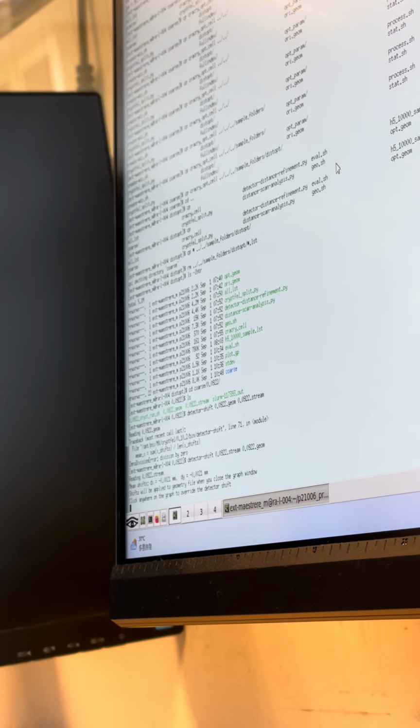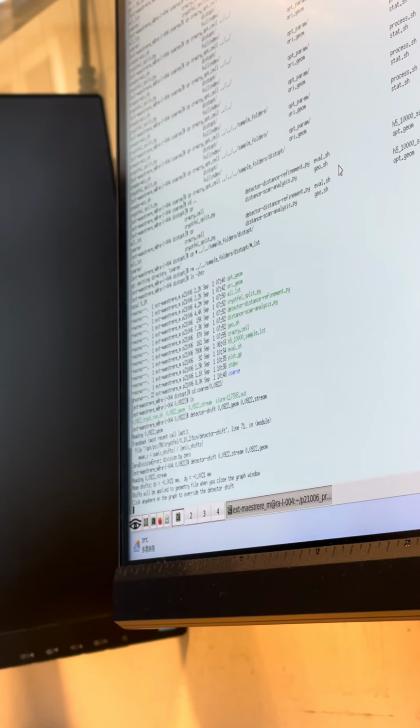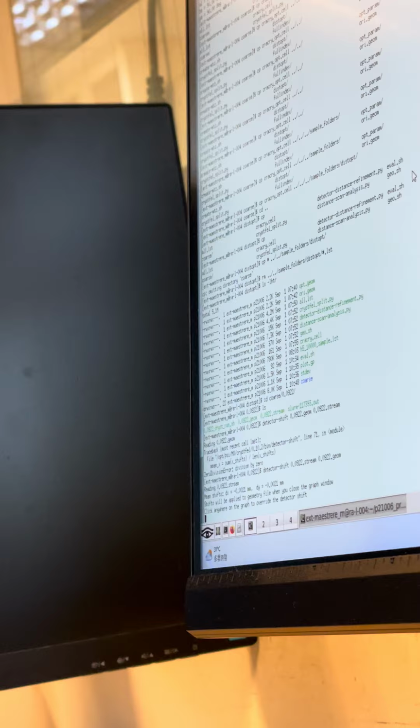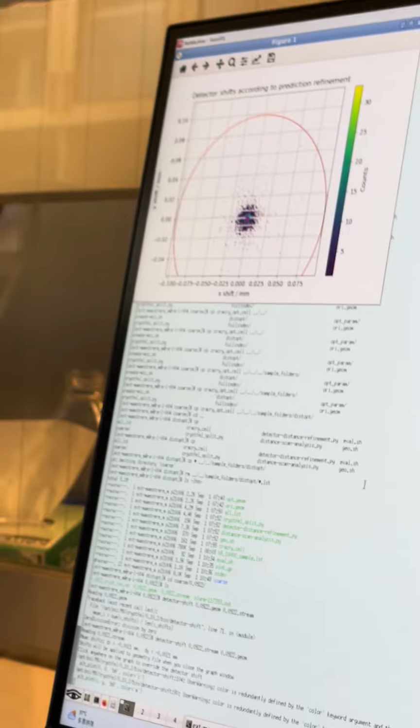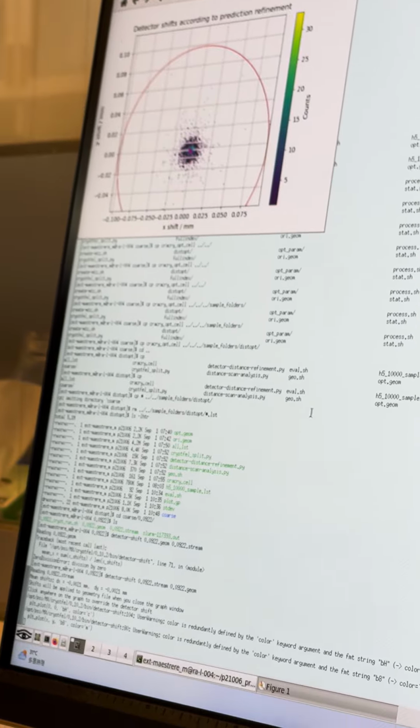Yes. What this is going to do is, at some point it will open it, it will check how much of a shift the detector has. What does this mean? Well, we'll take a look in a moment. It should have almost no shift. Yeah, it has almost no shift. It had already a very, very good detector, so we don't need to really shift it from its original position.